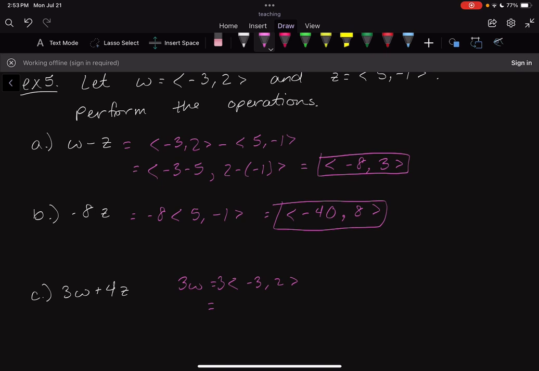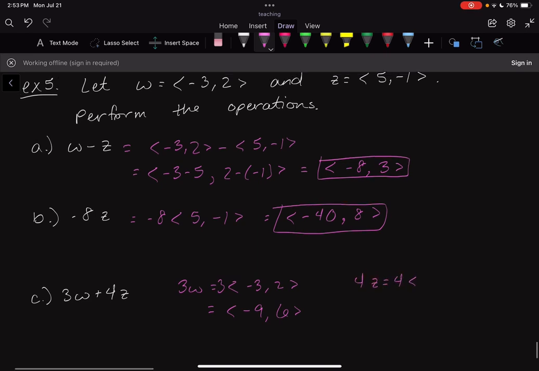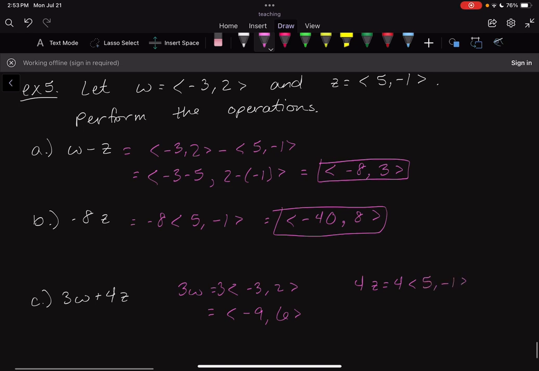So -9, 6. And then 4z is 4 times the z vector, which is 5, -1.